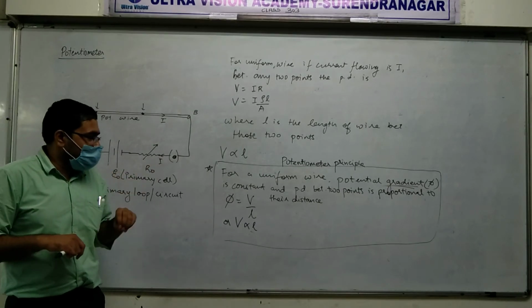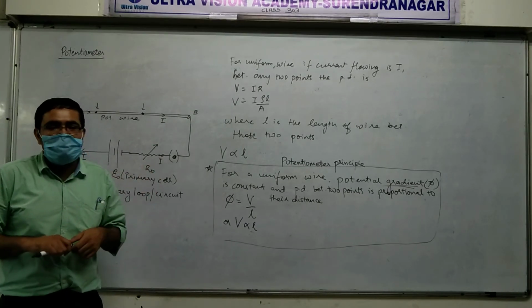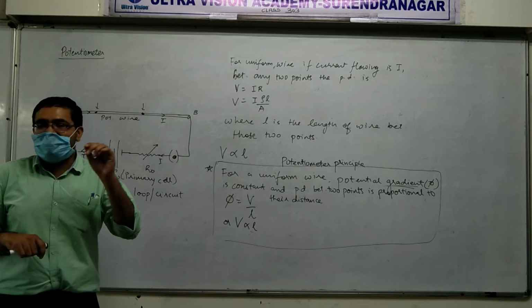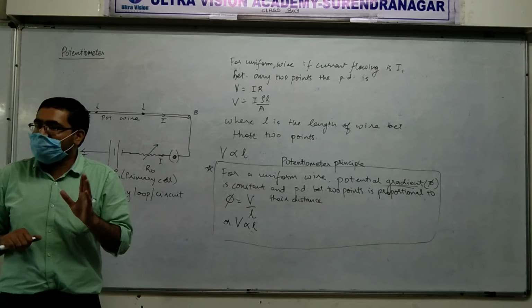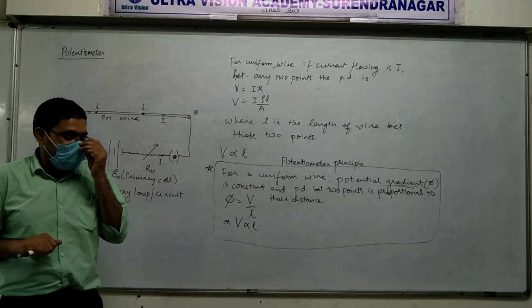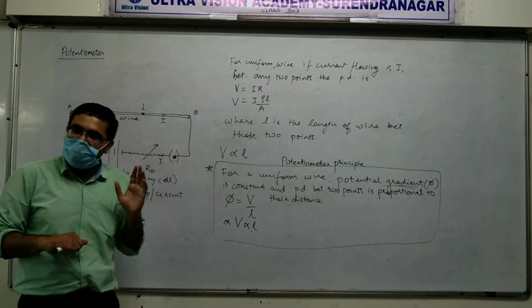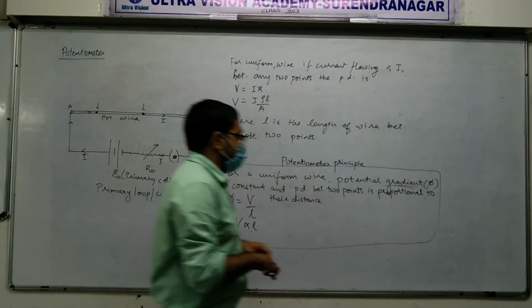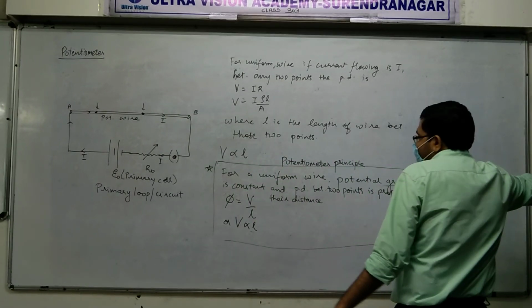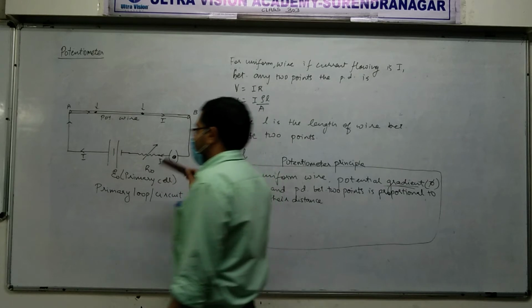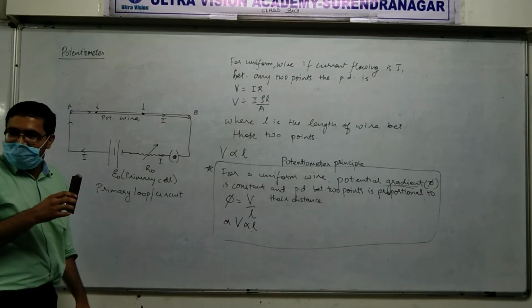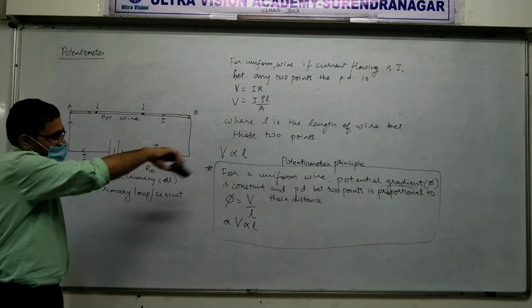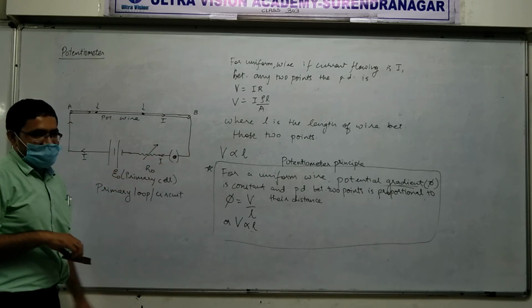What is the definition of potential gradient? Potential difference per unit length is called potential gradient. Fine. Well, so that's the basics. So you can write potentiometer principle.